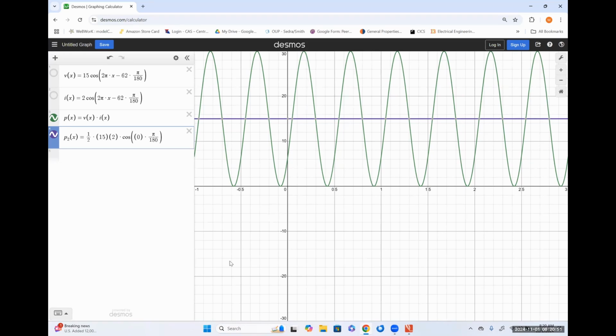A resistor literally will never, ever, ever supply power. It will dip down to zero, and that's as low as it can possibly go. That will never be a negative quantity, okay? So the average power is always just 1/2 of the maximum amount of power, okay? All right.